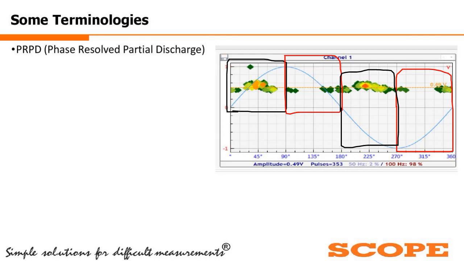But as I have given 50 hertz, it could be shown as a PD. So the phase resolved partial discharge has to be done on real time phasing. Phase comparison should be available in the kit.